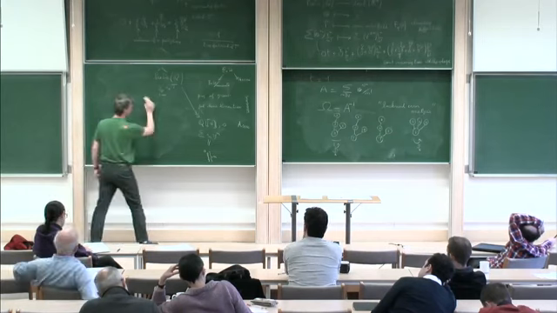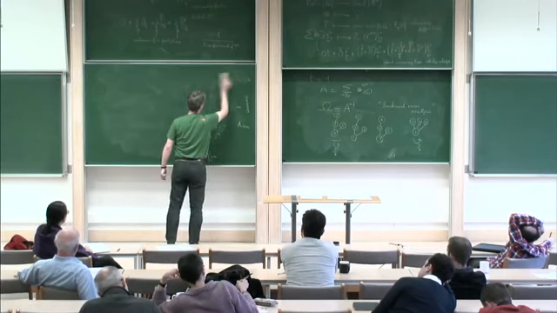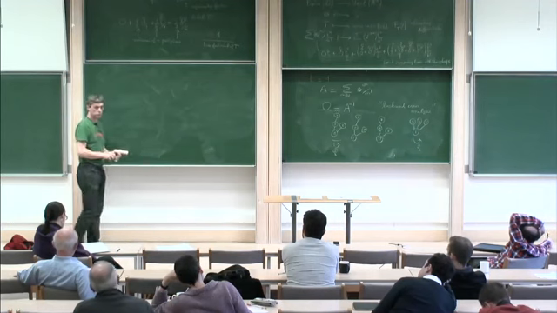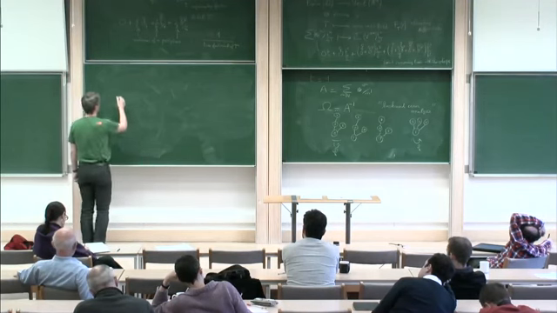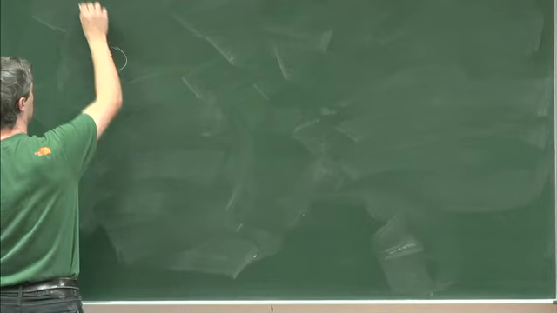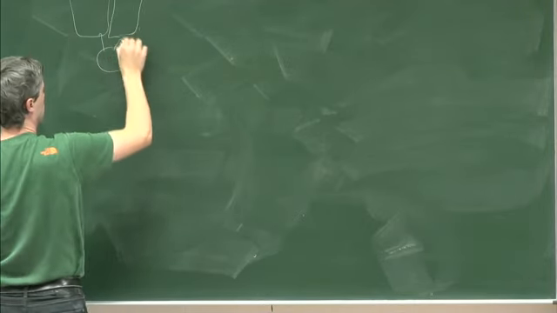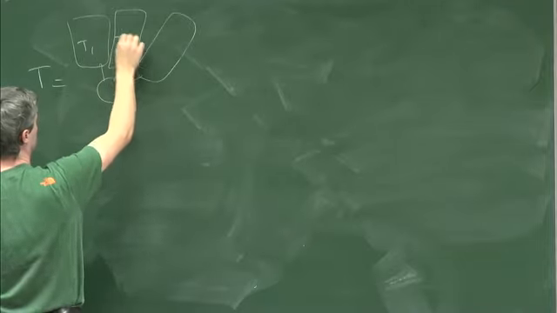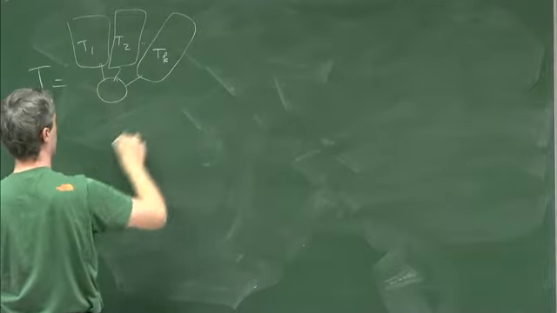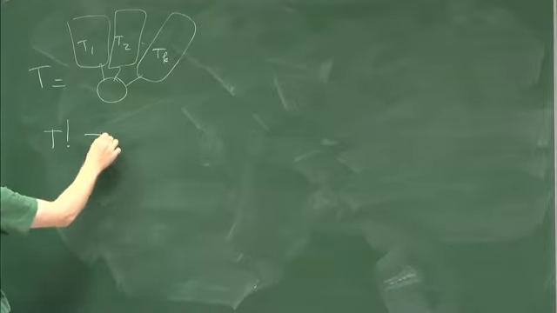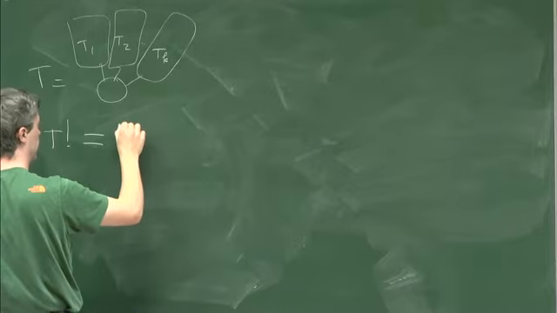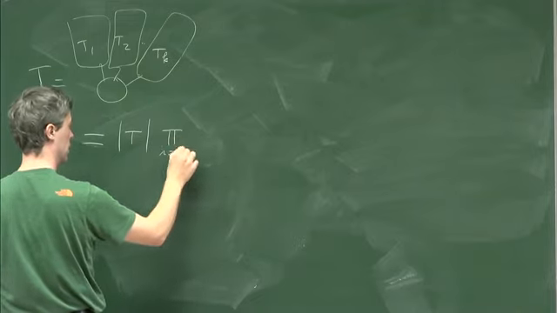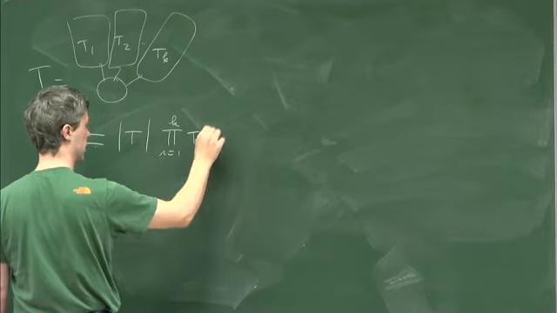So maybe I start with the tree factorial. It's a generalization of the usual factorial of a number. The principle is that if you have a tree T, which is a root and then T1, T2 up to Tk, then the tree factorial is just the number of vertices of T times the product of the Ti factorial.